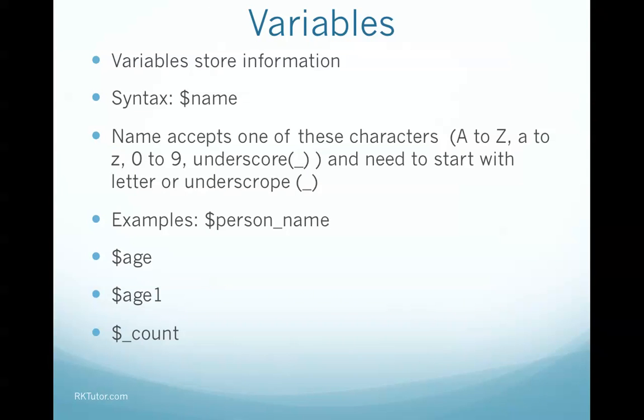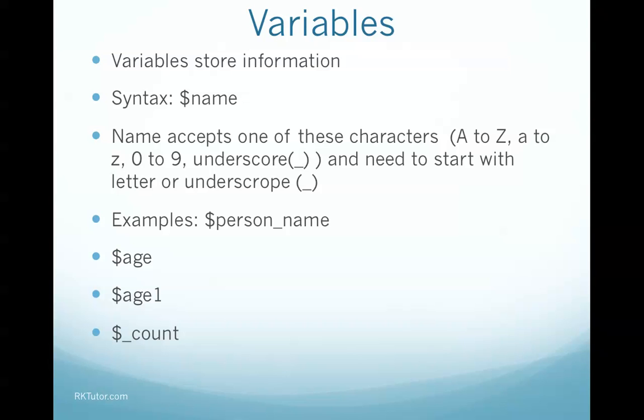Variables. In any programming language, variables hold temporary information, so they store information. In PHP, all the variables should start with a dollar sign, and you can give any name. The name accepts these characters: capital A to Z, small a to z, 0 to 9, and underscore.